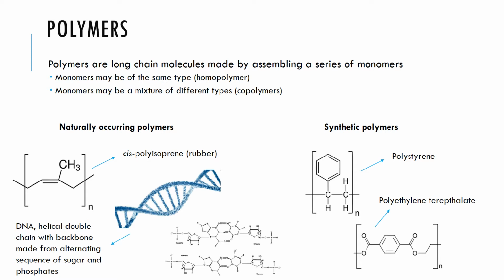There are, of course, a large number of synthetic polymers. I think polystyrene might be the clearest example that comes to mind in terms of something that we come across quite often. But PET, polyethylene terephthalate, is probably the polymer that you come across most often in your everyday lives, and it's the polymer of choice for food packaging, drinks packaging.